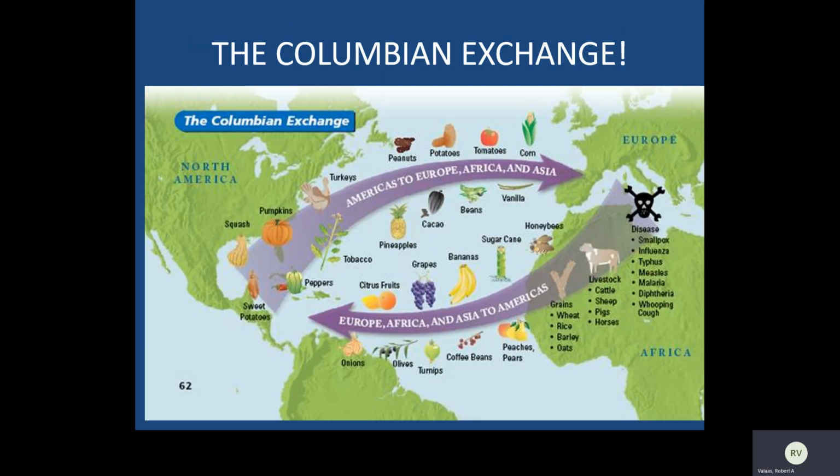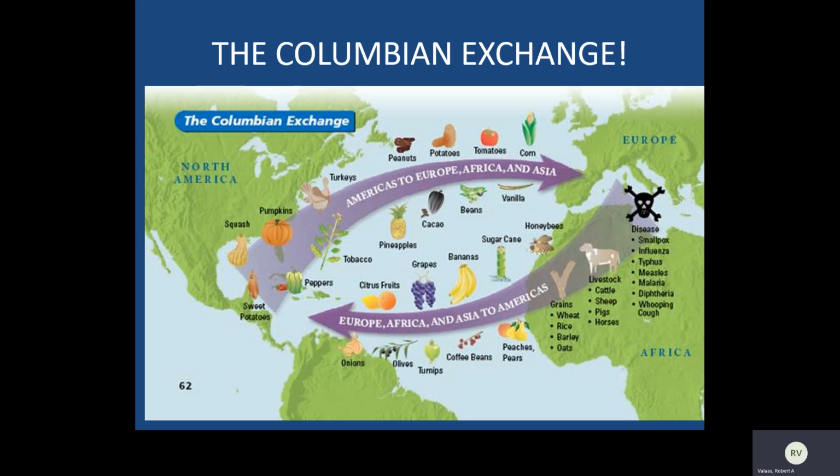And that, of course, launched this massive exchange between the Afro-Eurasian world and the Americas, which we now call the Columbian Exchange. And this is something the College Board really, really likes you to know about, this exchange of species of animals and plants and pathogens, too, between these two previously isolated chunks of our planet.